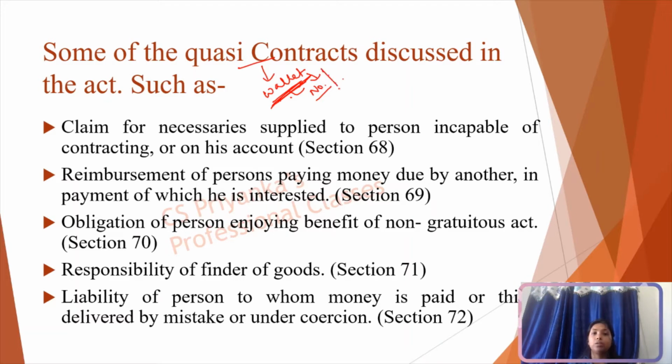It's your etiquette, your ethics, your moral values. Till you found the wallet, no contract was there before. But when you found this wallet, suddenly some responsibility came on you that you have to return this wallet to the actual person. This is actually the quasi contract.